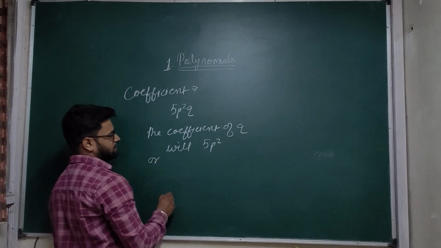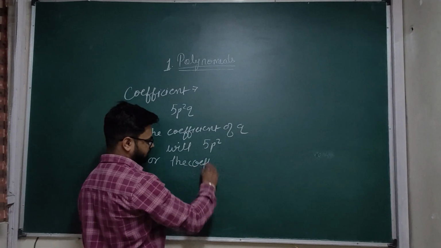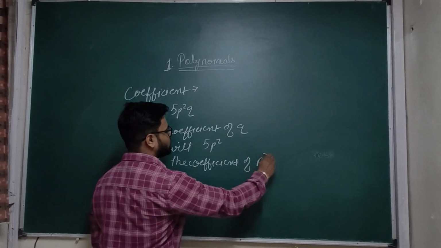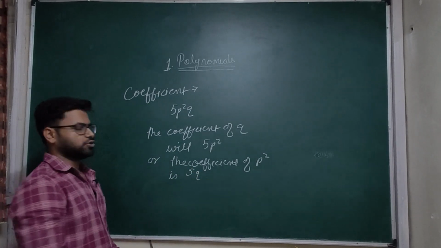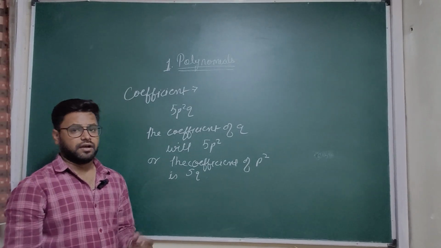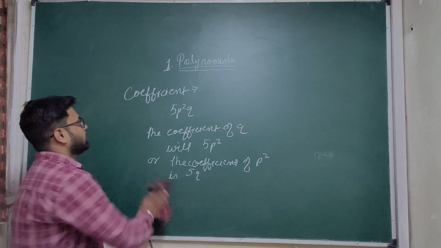Or if I am asking for the coefficient of p square, it is 5q. So the extra term along with that particular variable is known as the coefficient of that variable.